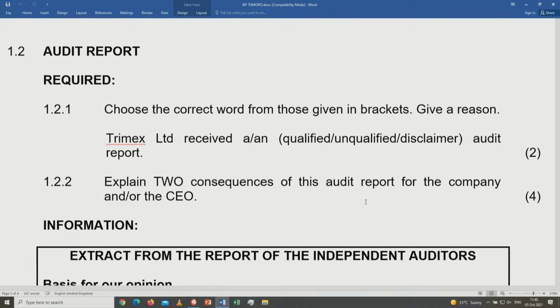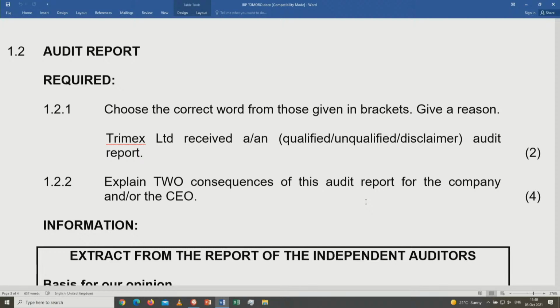Audit reports. Under audit reports, there's a difference between external auditor and internal auditor. Now, what is the difference between the two? The internal auditor is a full-time employee of the company.